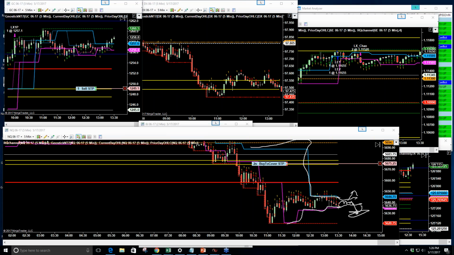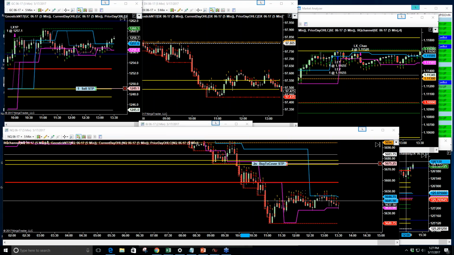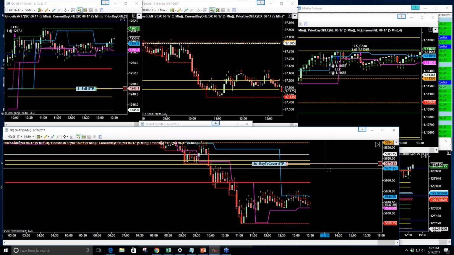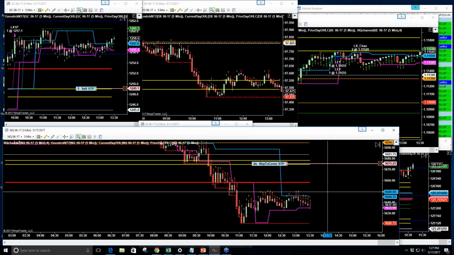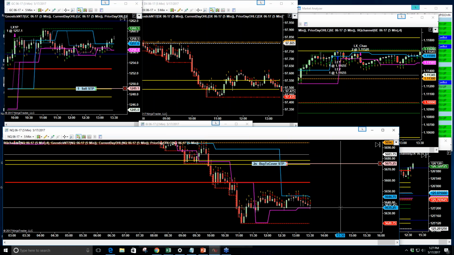That's lazy river. The I Newton has, that's just called an RQ channel dynamic trailing stop. I Newton has it. The higher the number, the longer it'll keep you in the trade. The smaller the number, the quicker it will get you out.